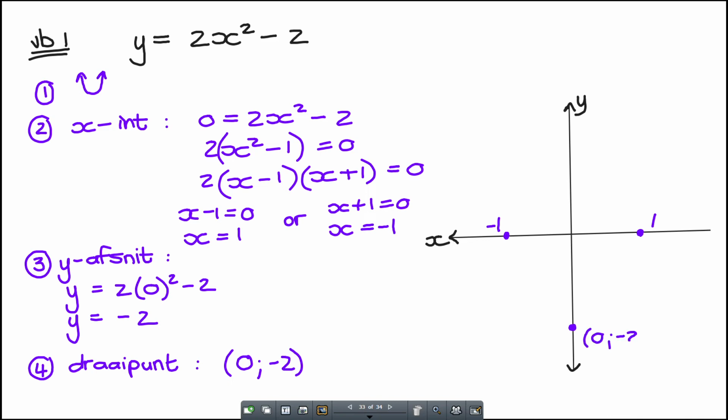0, minus 2. Okay, so kom ons gaan connect all our dots. So this graph will look like... Oh, julle en hierdie juffrou teken nie baie mooi nie. Here we go.